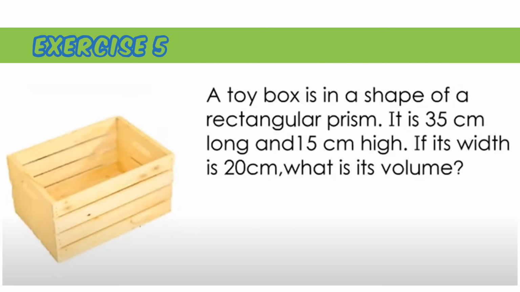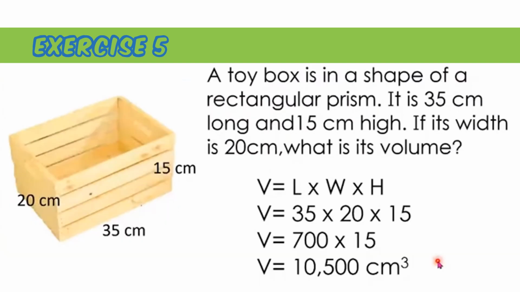Exercise number 5. A toy box is in the shape of a rectangular prism. It is 35 centimeters long. So the length is how much? 35, and the height is 15. The width is 20. What is the volume? We use the formula volume equals length times width times height, so let us substitute.